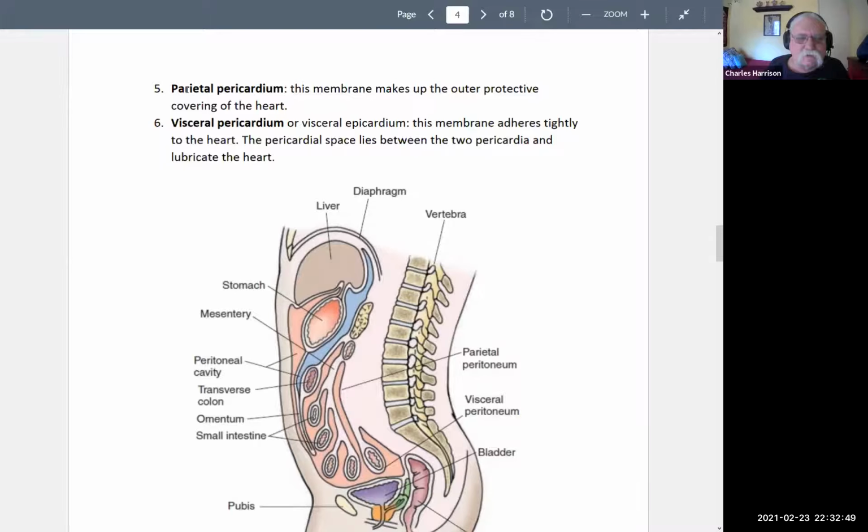But the visceral pericardium lies under that and is directly on the heart, not movable, not removable. Okay. Pericardial space lies between these two membranes.